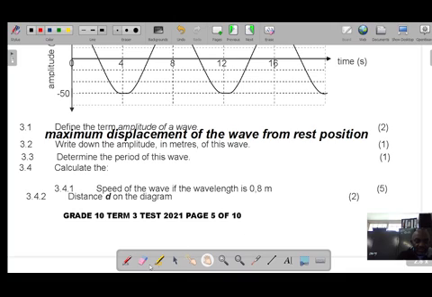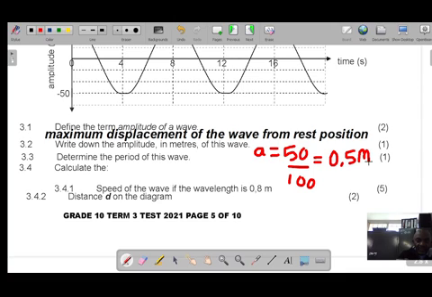So our amplitude A equals 50 centimeters divided by 100, so we can convert it to meters. If we do so, we get 0.5 meters. So that's our answer for the amplitude.